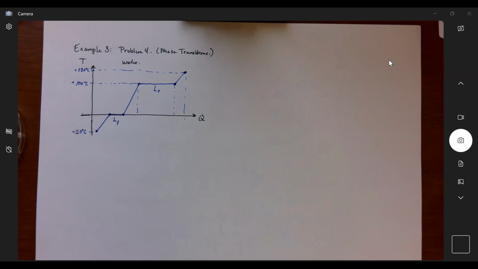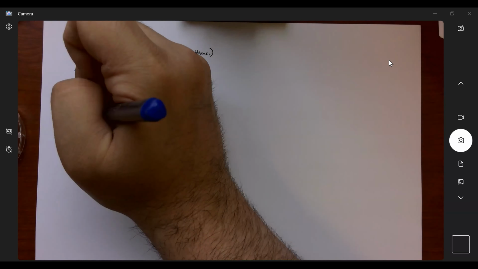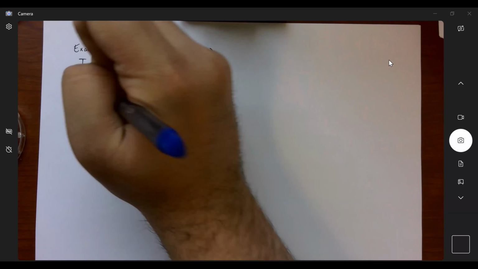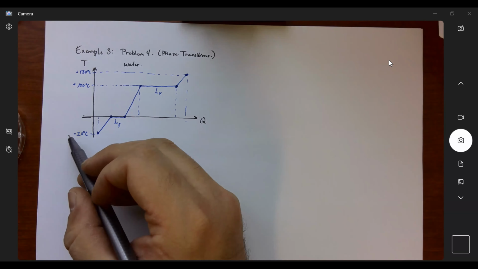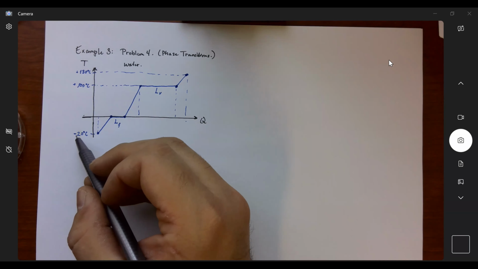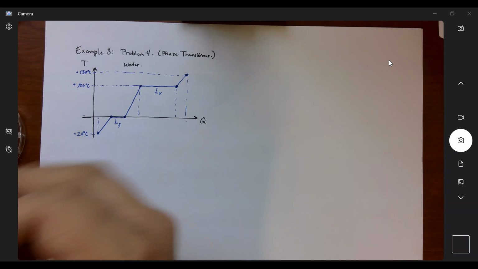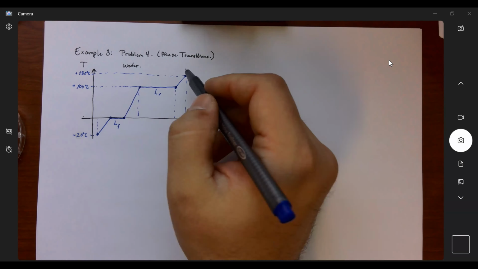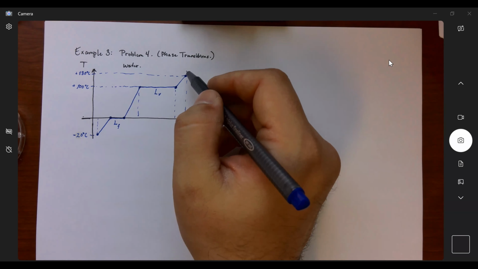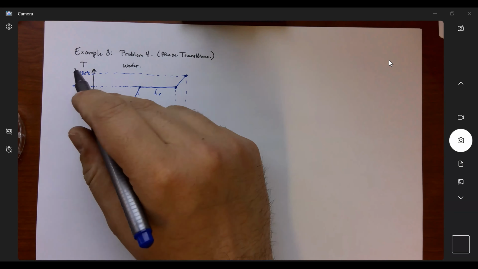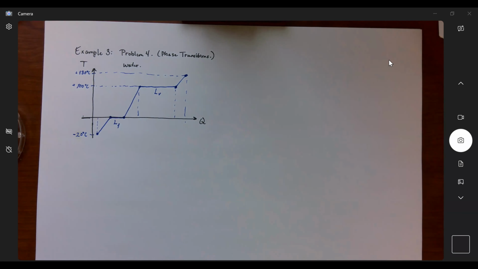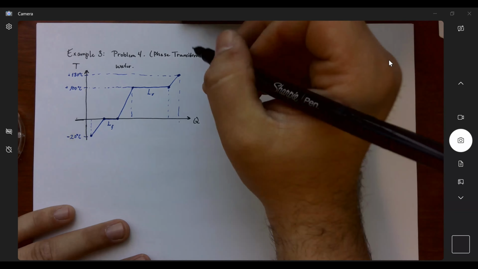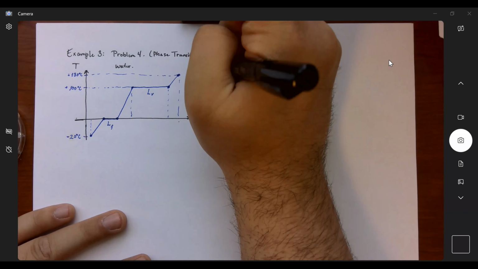Okay, so what we want to do is we want to find the total amount of heat that is needed in order to convert minus 20 degrees Celsius ice with some amount of mass into the equivalent amount of mass, but in this case, it's going to be steam at 130 degrees Celsius. So let me pose that question for you.